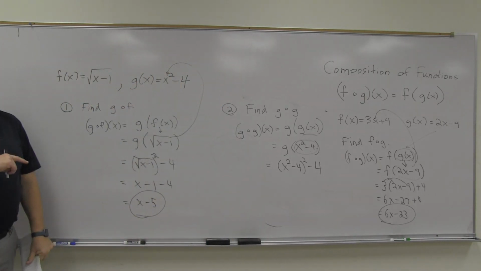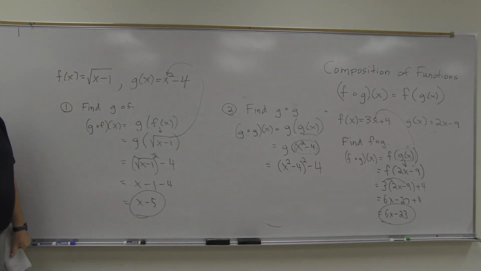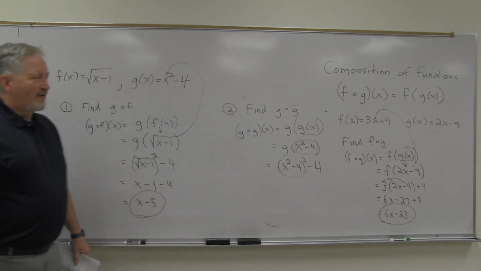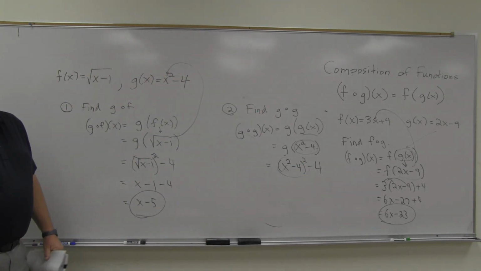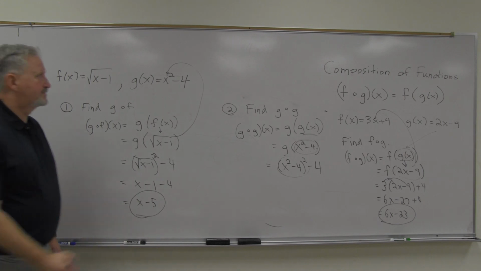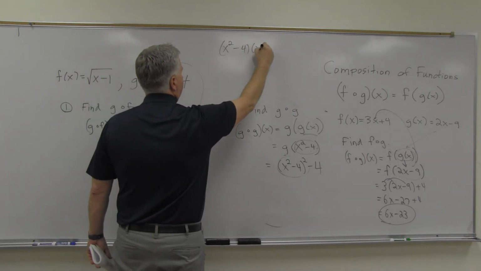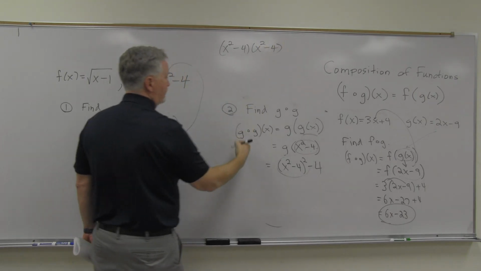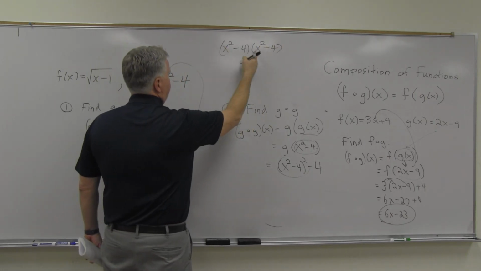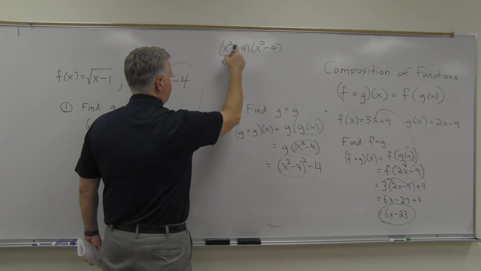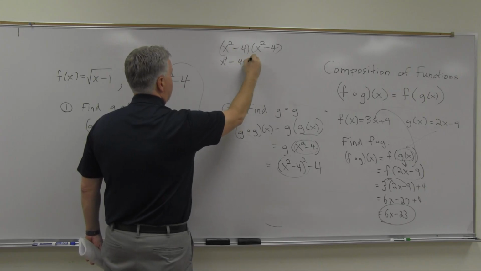What do you think we should do to that next? Well, it will simplify a little bit if we square that out. So again, we hadn't done it in a while, but we've done it twice now. If you've got a binomial squared and you're simplifying, go ahead and square that out. Write it out twice, full it. X squared times x squared is x to the 4th. Minus 4 times x squared is minus 4x squared.